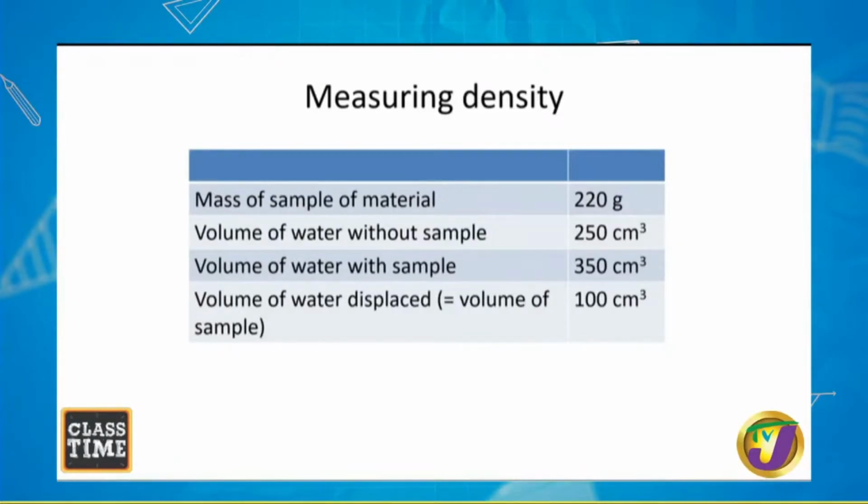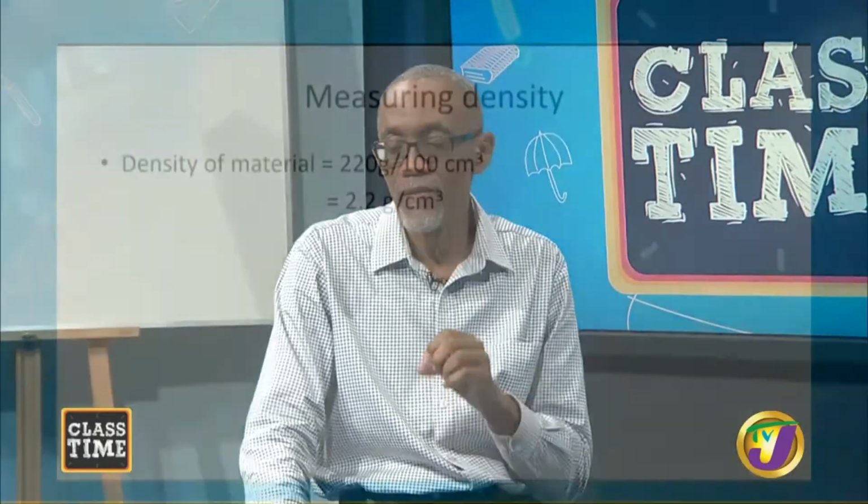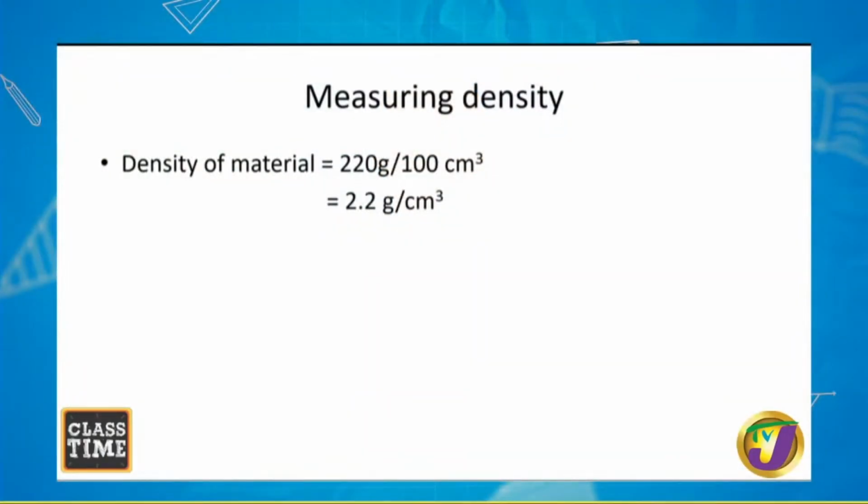That's the data we have, and that's what we're going to use to determine the density of the material of that sample. The density will be the mass divided by the volume. We said the mass was 220 grams and the volume is 100 cm cubed.